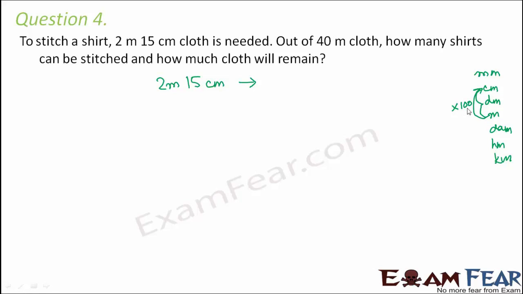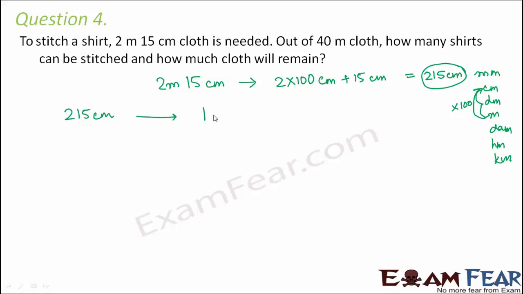So 2 zeros. So we will multiply by 100. So 2 meters would mean 2 into 100 centimeters, plus you have 15 centimeters. So this would be 200 plus 15 centimeters, that is 215 centimeters. So you need 215 centimeters to stitch one shirt.